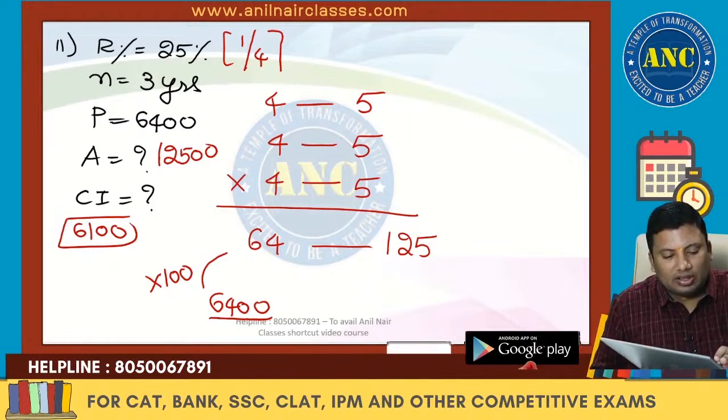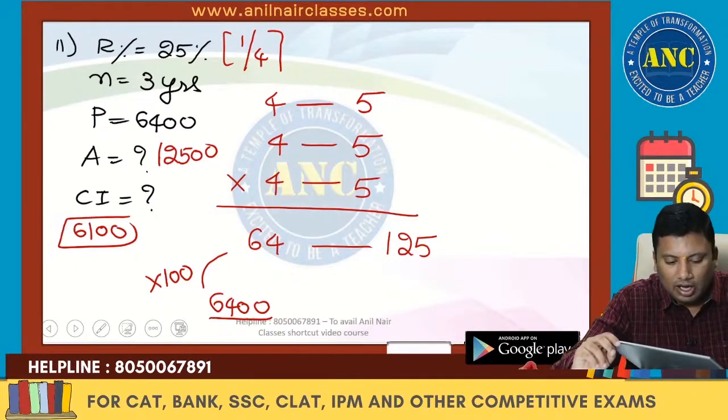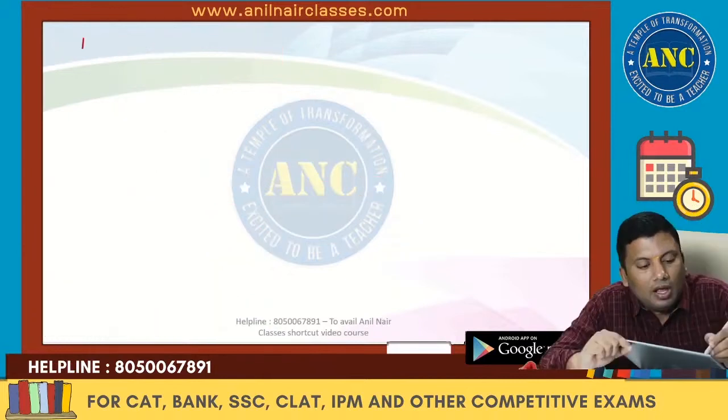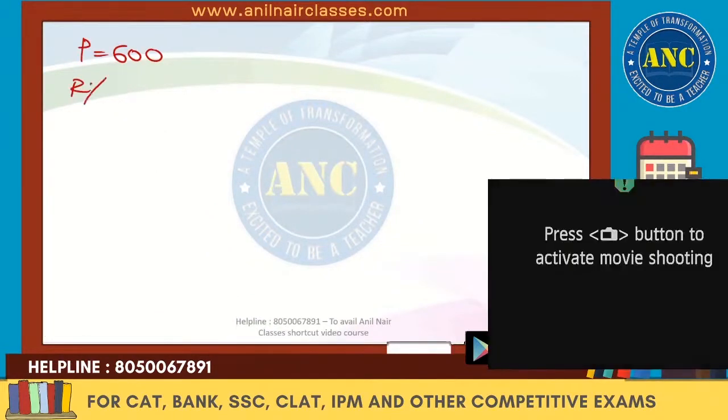So amount is 12,500, P is 6,400, CI is 6,100. Now see here, sir, in the previous question, P is nothing but 600, R is nothing but 25%.